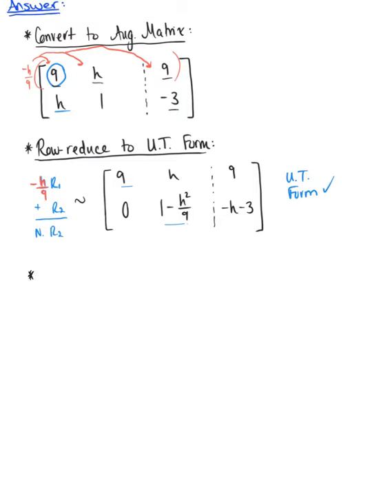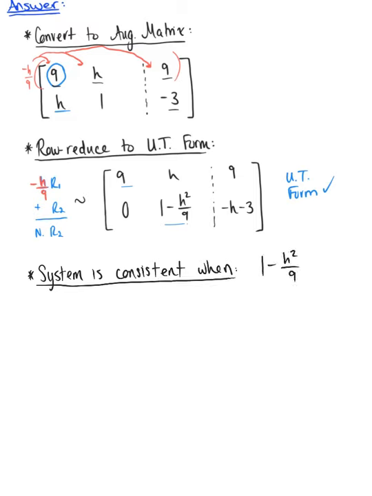So we'll keep in mind that we know that the system is consistent as long as a contradiction is not produced. So the system is consistent when 1 minus h squared divided by 9 does not equal 0. So we'll use this to solve for h.